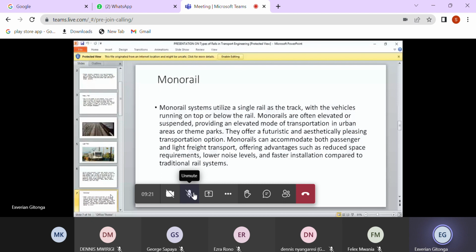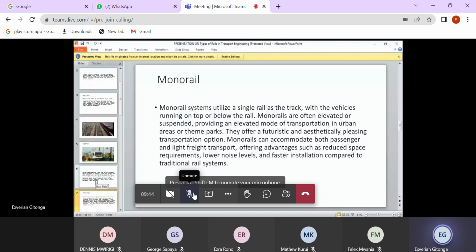So meaning they are normally there for accessibility, and also they play a huge role in reducing congestion in urban centers. There are various merits like reduced space requirements. They have lower noise levels, and faster installation compared to traditional rail systems.